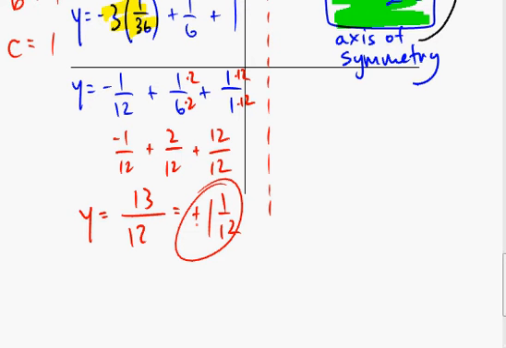What is that we just figured out? The y value of the vertex. Good. So that is what's up here.